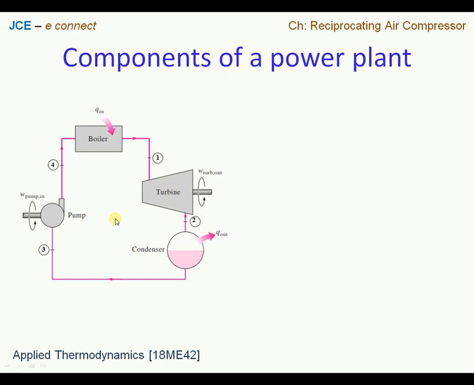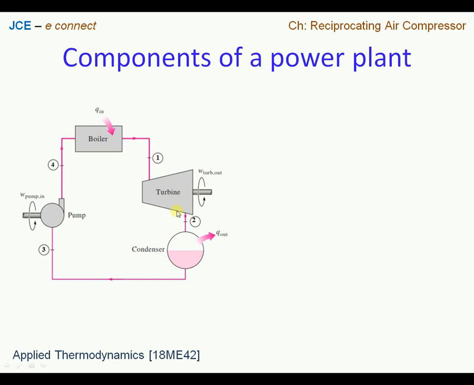Now this cycle represents a kind of heat engine, where heat is added at one point and then work is extracted at some other point. So we see that there are basically two heat components associated with this cycle. We have heat coming in at the boiler, and heat is rejected at the condenser.